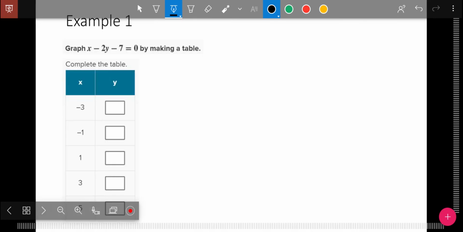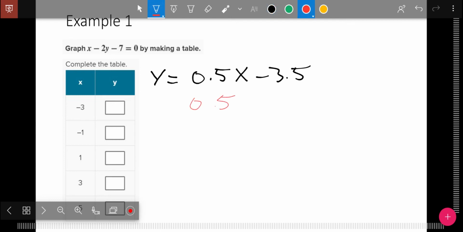And so now we need to make a table. And again, we need to remember that y equals 0.5x minus 3.5. And so I plug in the negative 3.